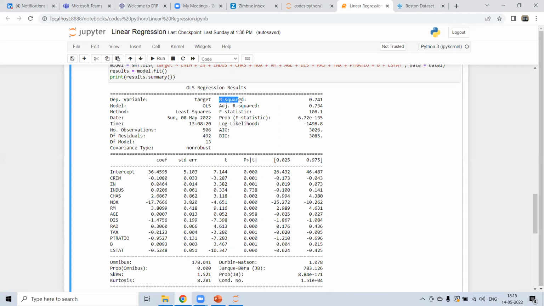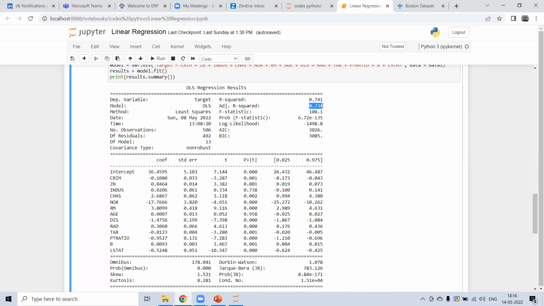The R square value calculated after this regression is 0.741. Adjusted R square is a penalized version and will always be smaller than R square; it is 0.734.